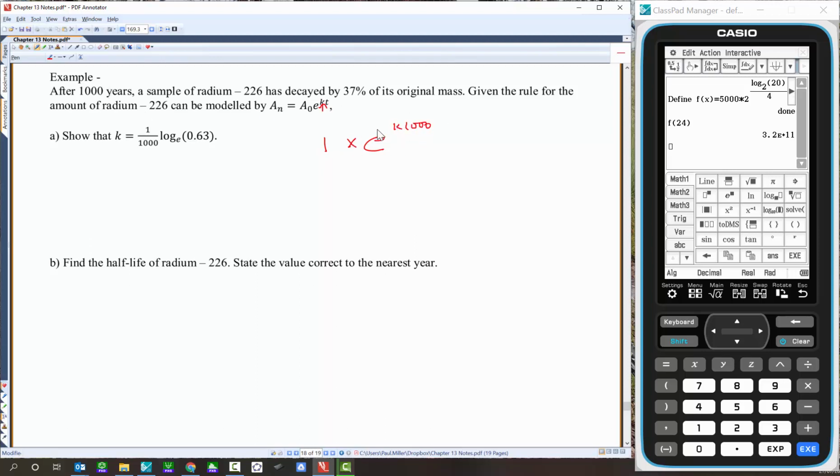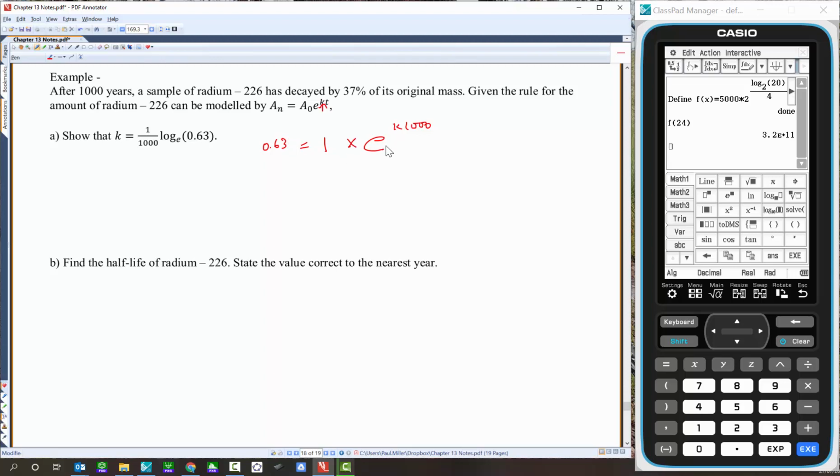So e to the 1,000k equals, and what would that become after 1,000 years? It's going to become 0.63. 1 unit will decrease by 37% of its original mass, so it will be left with 63% of itself.